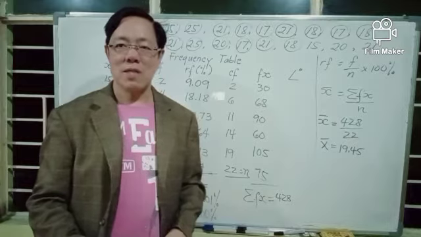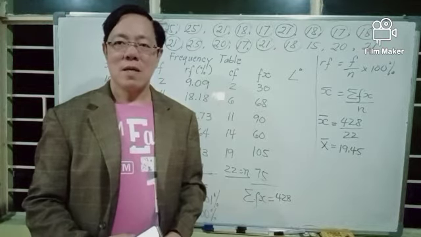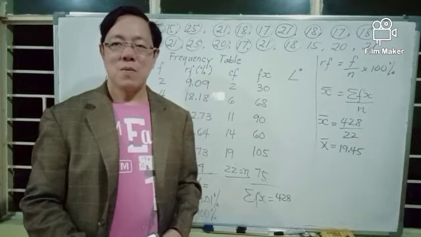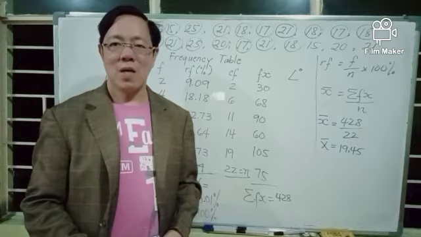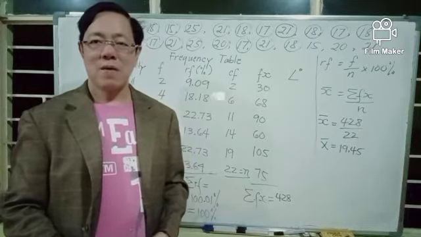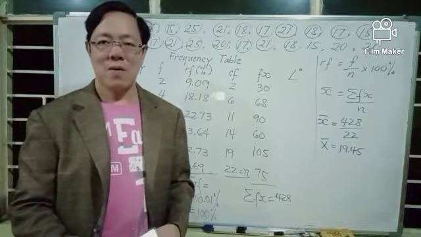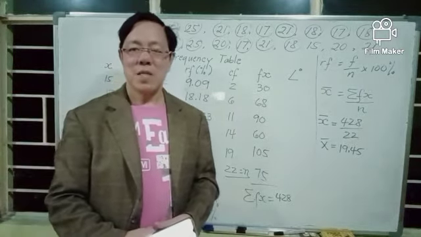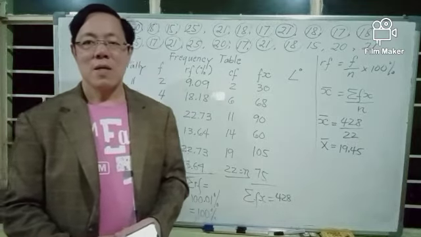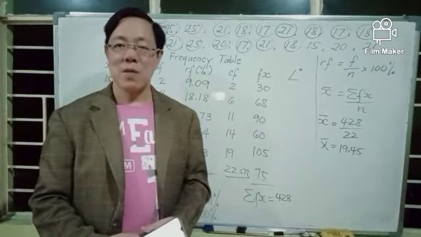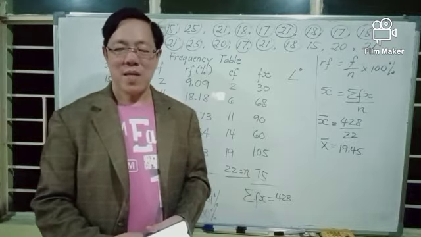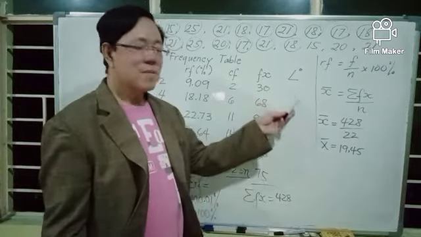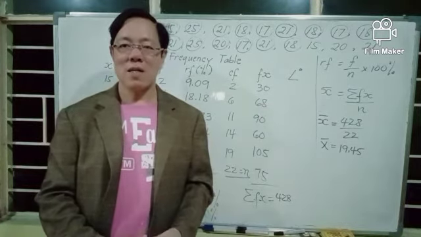But we will do that next time together with the cumulative frequency curve, known as ogive, the vertical bar graph, the horizontal bar graph, and the pie chart or pie graph. That's why we have this column for angle in degrees.